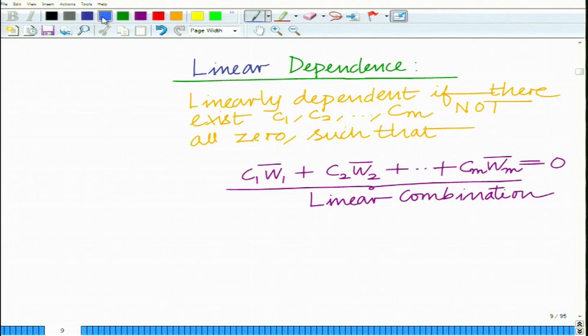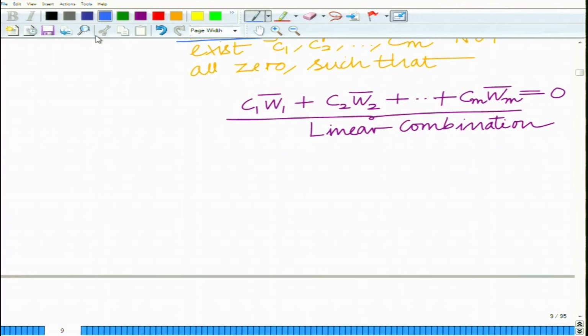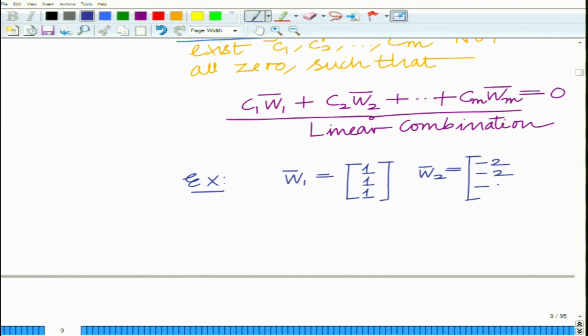And these vectors are therefore linearly dependent. Okay. For instance, let us take a very simple example to understand this. Consider the vectors w bar 1 equals (1, 1, 1) and w bar 2 equals (-2, -2, -2).